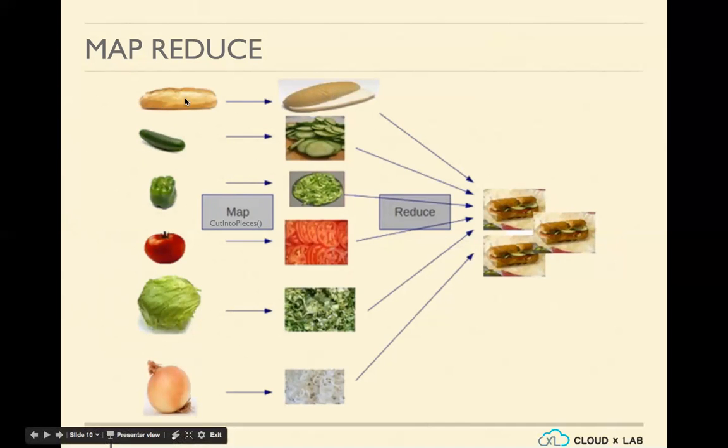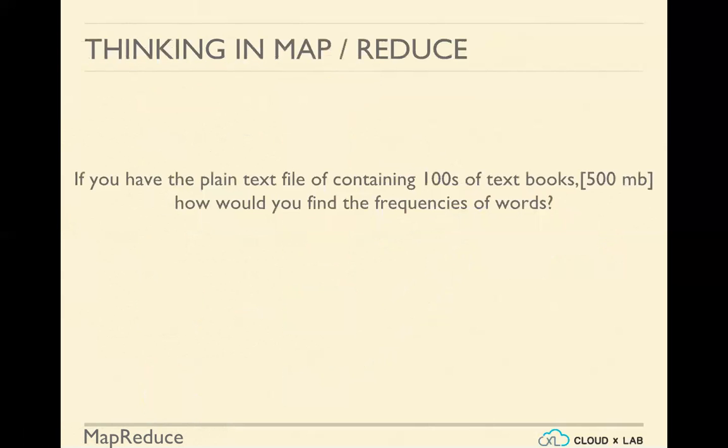Each part is being processed in parallel, maybe on different workstations, and then they're being combined to form the burger. So the mapper phase translates one thing to another, while reduce combines them together. So this is our quick overview of MapReduce.